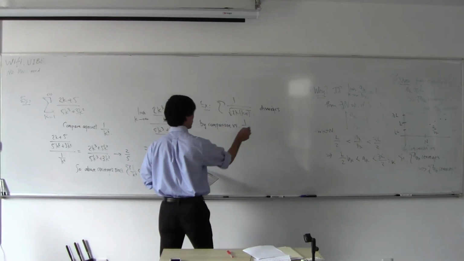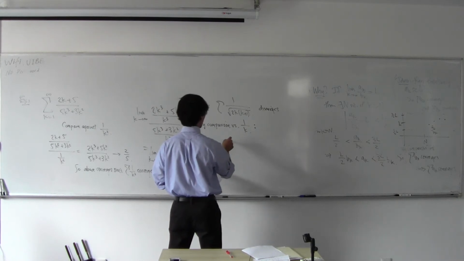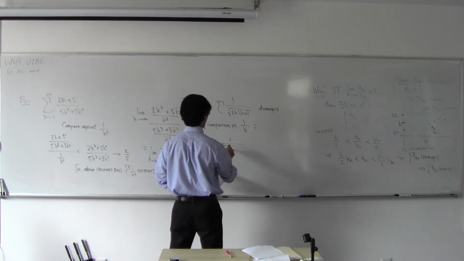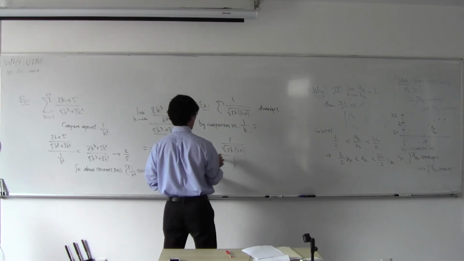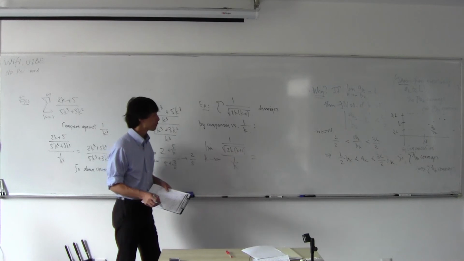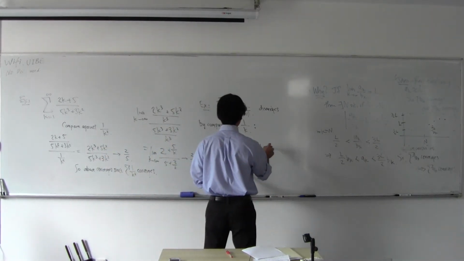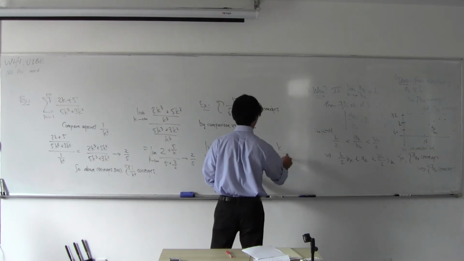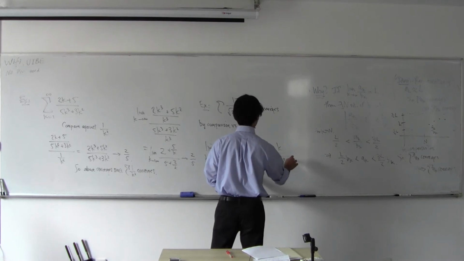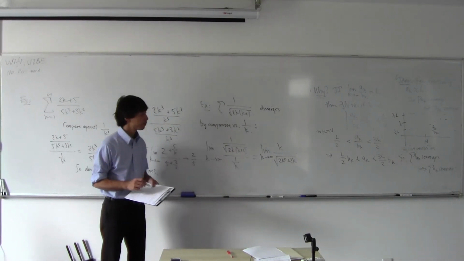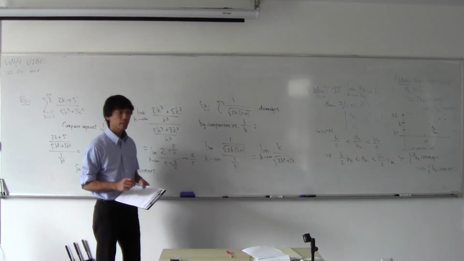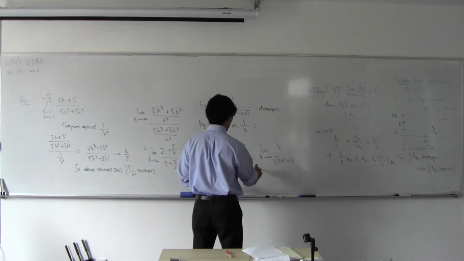Okay, right? And to just make it clear that it works, you say, okay, I have this 1 over k, I have this, and I look at the ratio. As k goes to infinity, I look at the ratio of this. This is the limit of k over the square root of 2k squared plus 2k. And then I divide top and bottom by k.